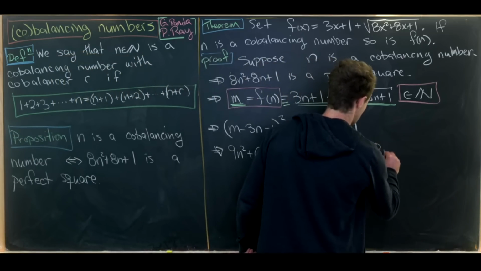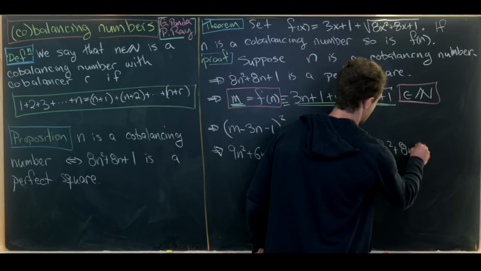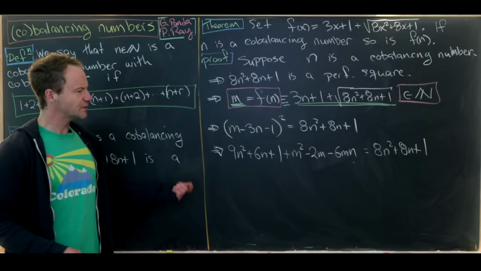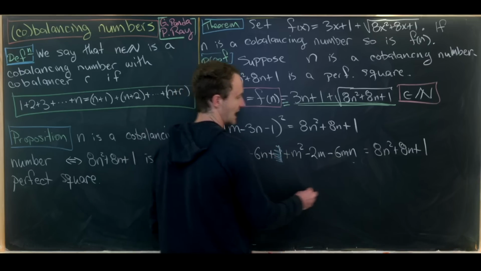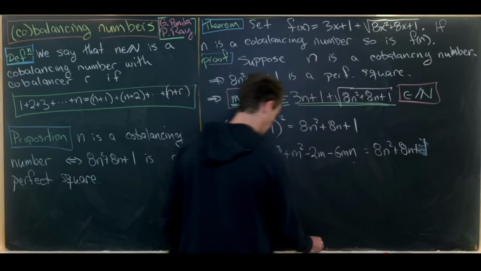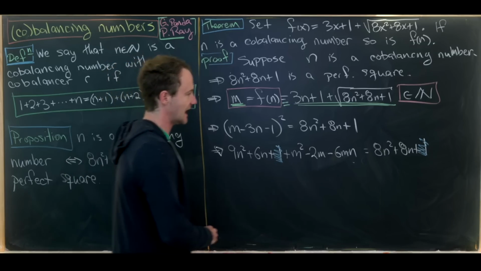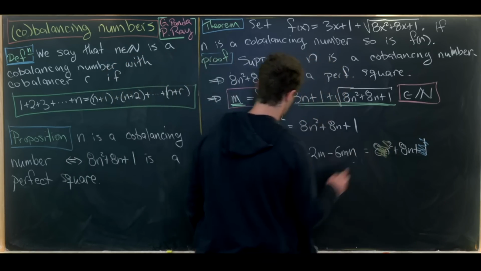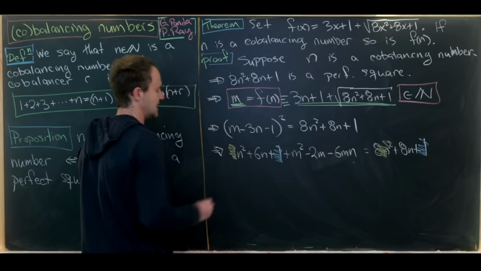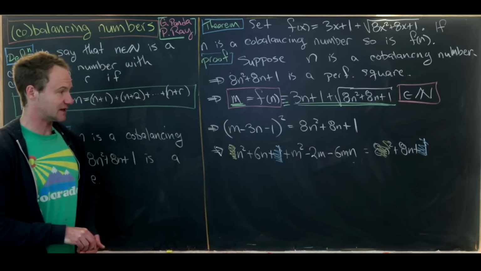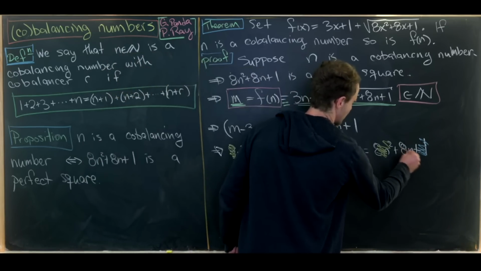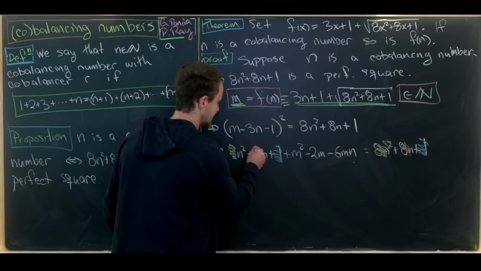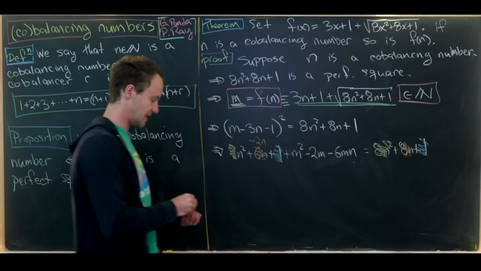And then we set this equal to 8n squared plus 8n plus 1. And notice we can start simplifying a little bit. So notice this 1 over here on the left will cancel this 1 over here on the right. And then next, this 8n squared on the right will cancel with this 9n squared down to just n squared. And then this 8n over here will cancel with this 6n down to negative 2n.